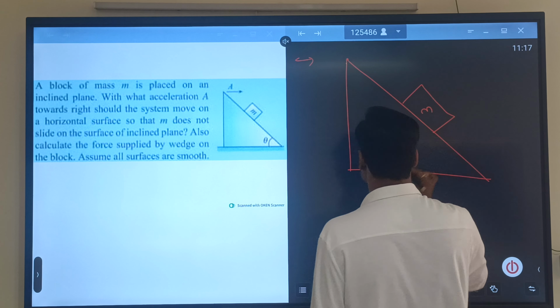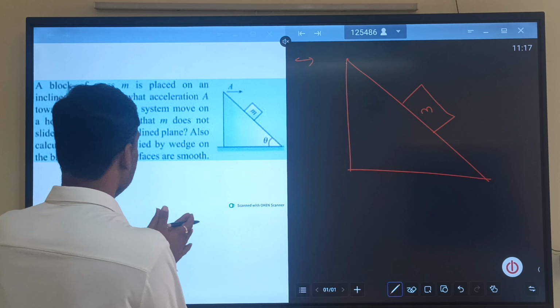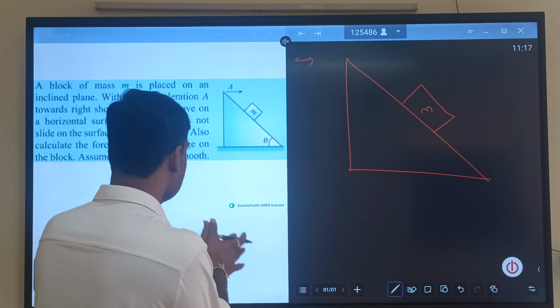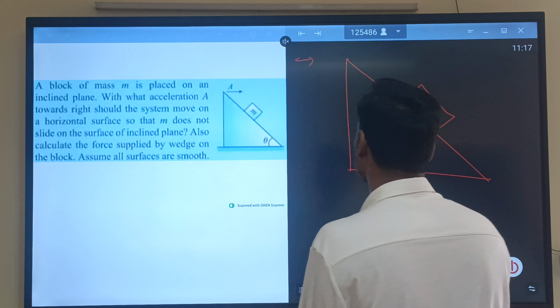This is the block placed on an inclined plane. With what acceleration a towards right should the system move on a horizontal surface so that m does not slide on the surface of the inclined plane?